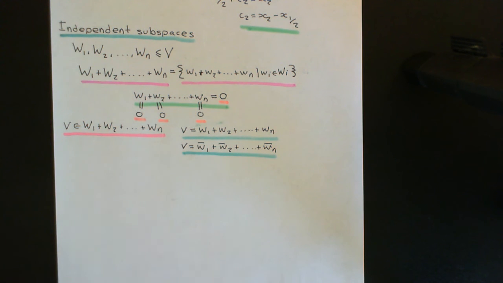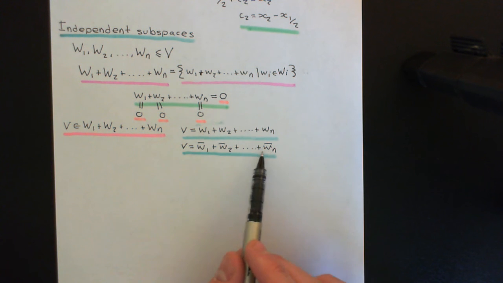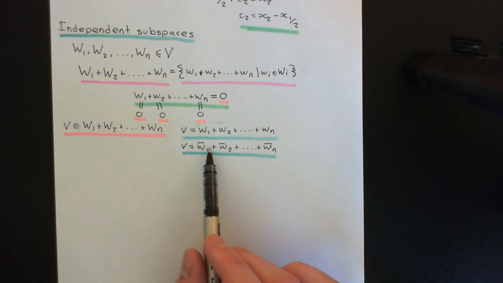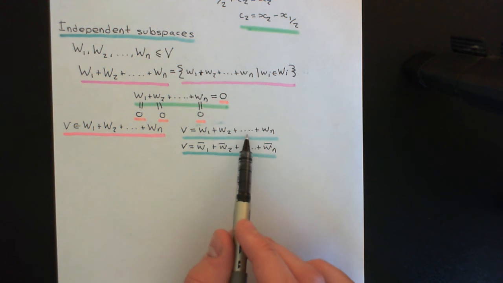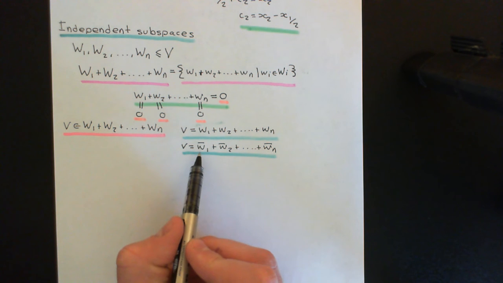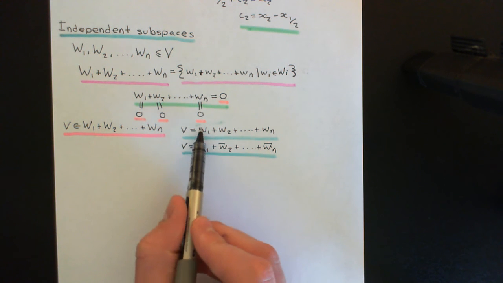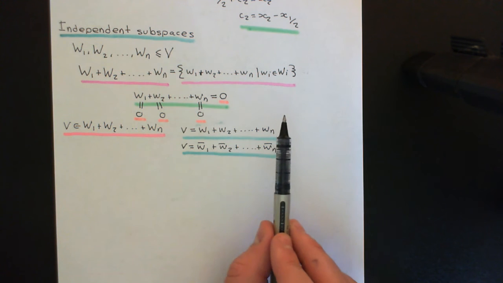Okay, so what I just want to stress here is that these vectors that I've got from the subspaces are not necessarily all different from the vectors up here. It's just that some of them have to be different. So potentially W1 here and W1 bar could be the same vector. Okay, it's just that the entire sum has to be different.